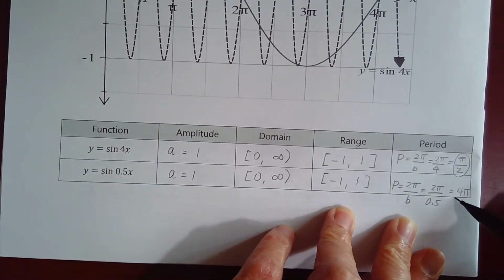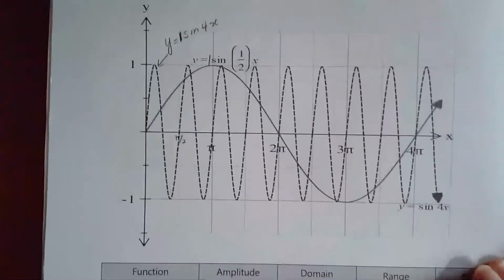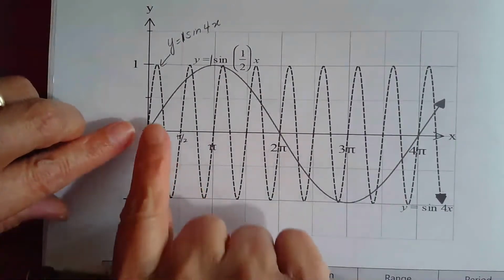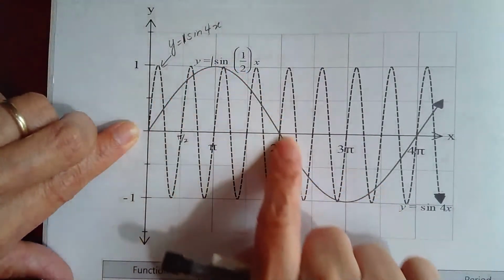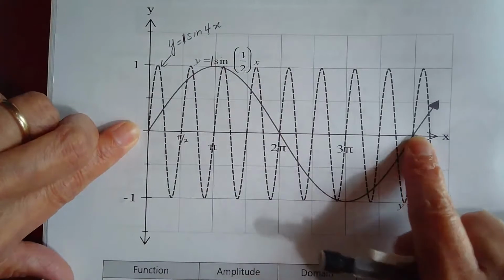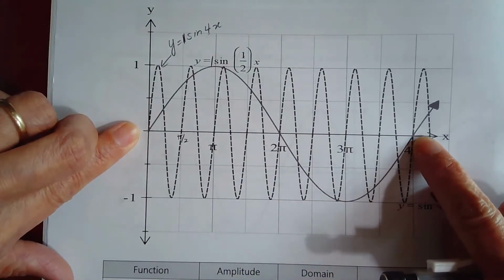What does that mean? It means that for one complete cycle, one complete wave, it's going to take 4 pi. So let's take a look. This is one complete wave. It's going to take 4 pi to get to that.